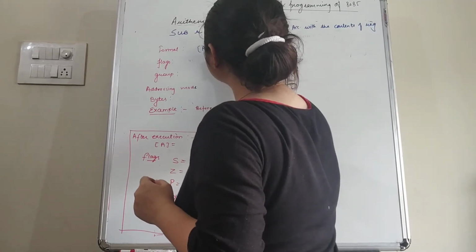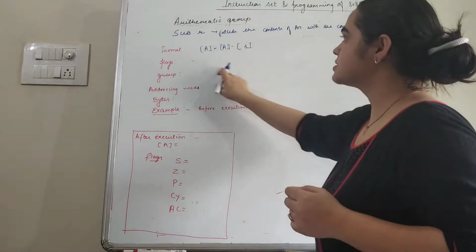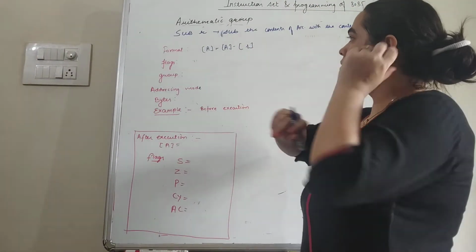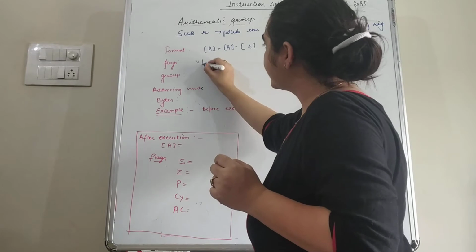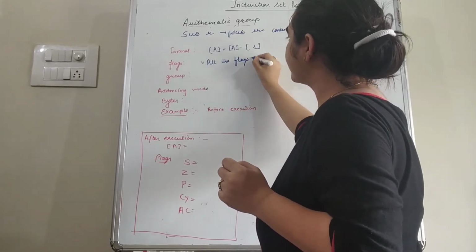By subtracting the value of the register from the value of the accumulator, the result is stored in the accumulator. In case of subtraction, all the flags are affected.